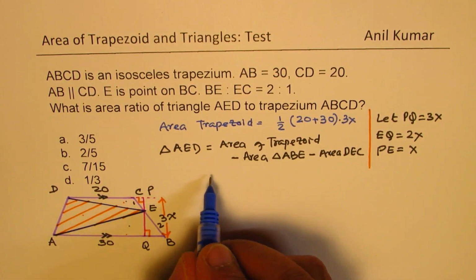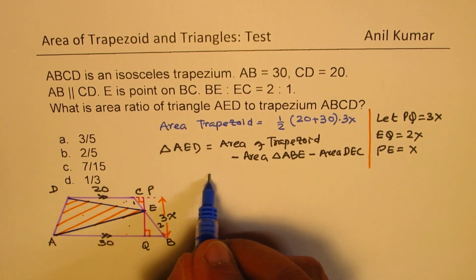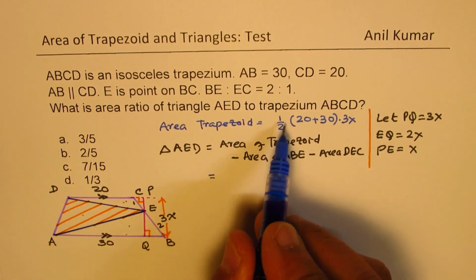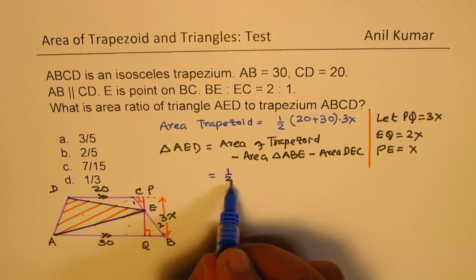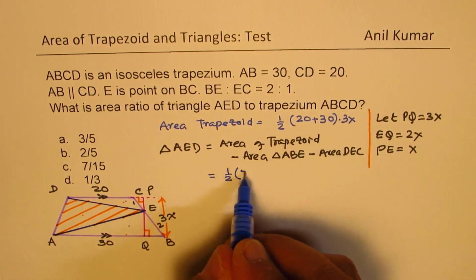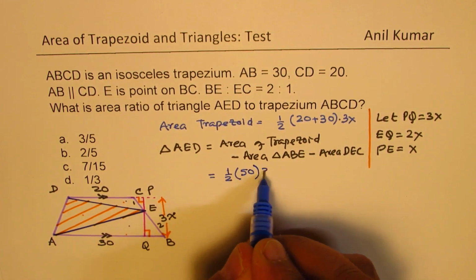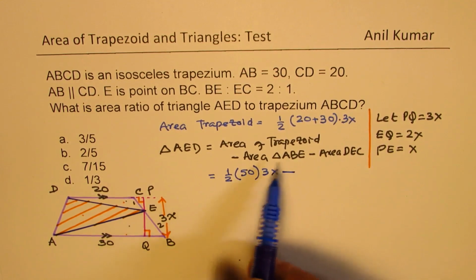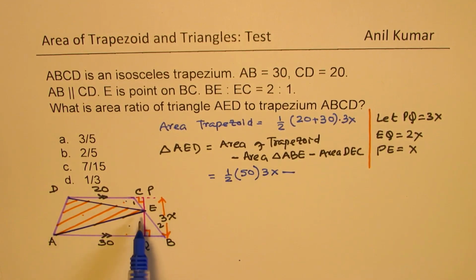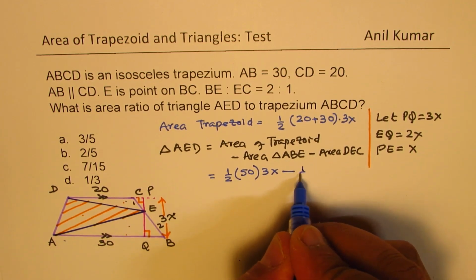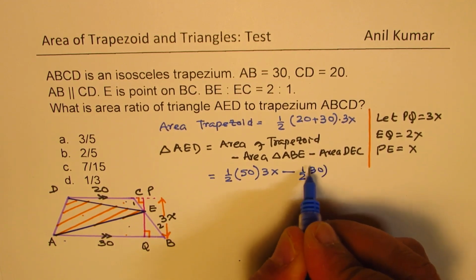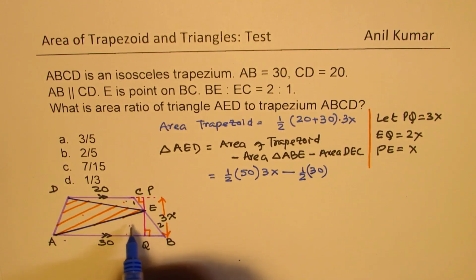So we can write this as equal to the area of the trapezoid, which is half of 50 times 3x, minus the area of A, B and E, whose base is 30, so half of 30 times height, which is 2x, right?